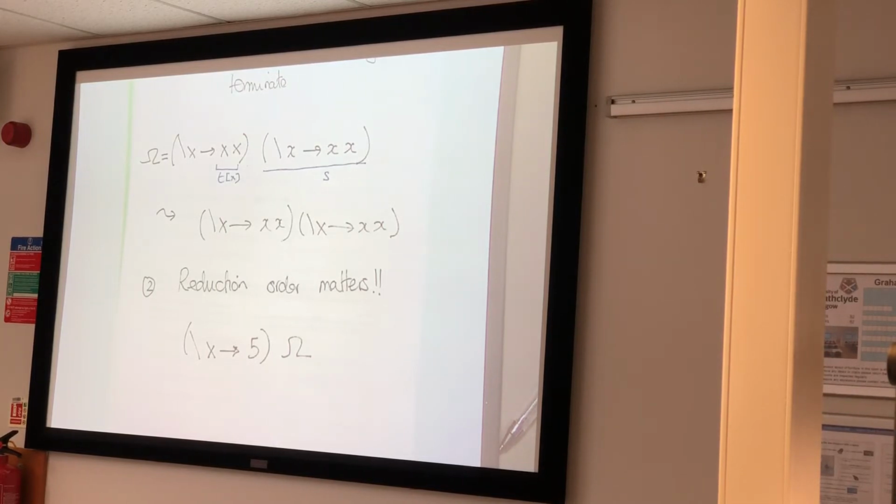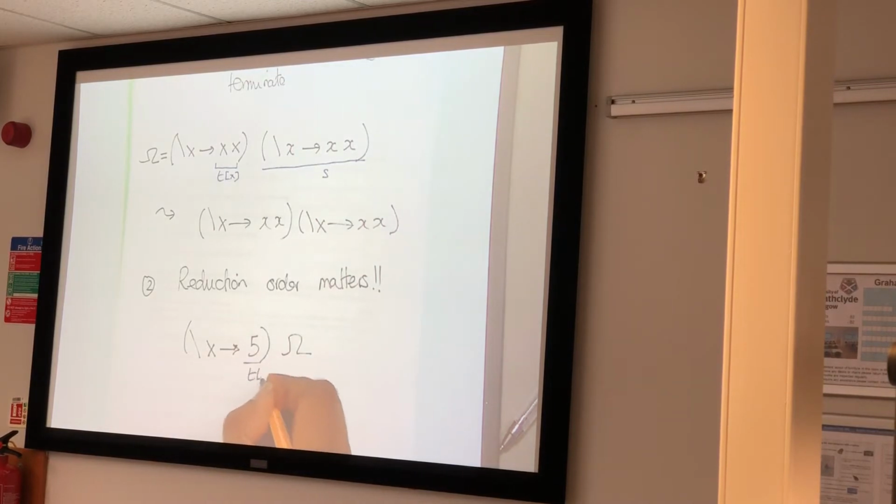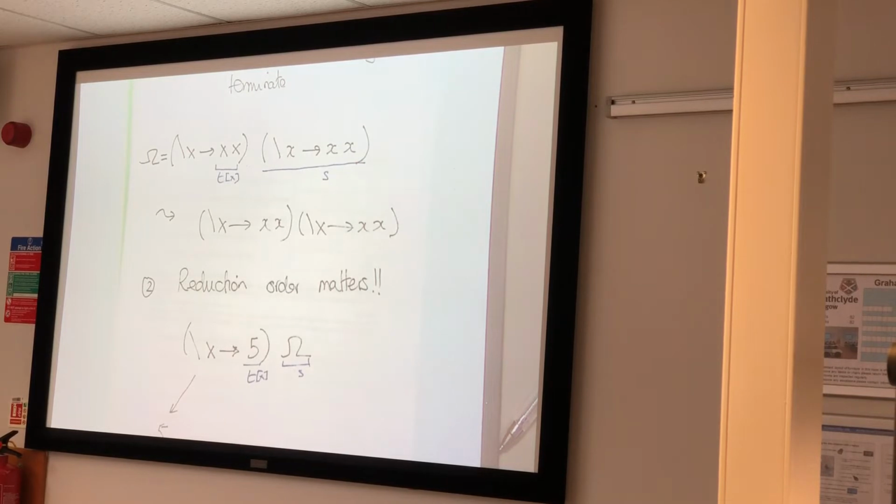So you could say, oh, there's a beta redex, so I can reduce that. So let's do it again. There's my t, which actually doesn't use x, and there's my s. So one thing this could do is it could reduce to t, which is 5, but omega replacing x, so that's just 5. Hooray, we've got an answer.